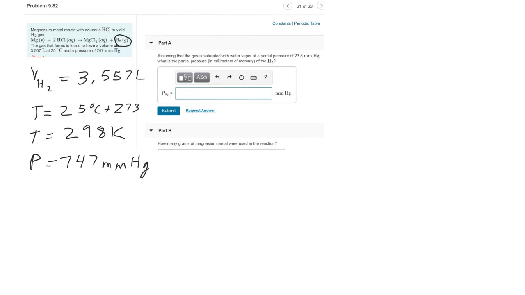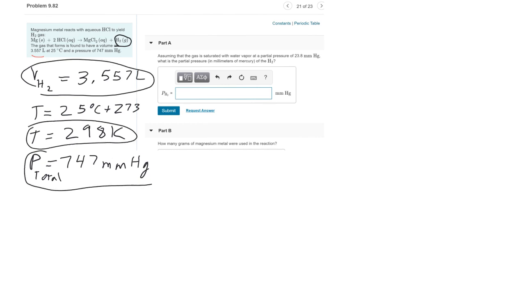So let's go ahead and label it pressure total. Ah, my pen's not cooperating with me. There we go. So they mean for that to be my pressure total. So we have a temperature, we have a volume, and we have a pressure.